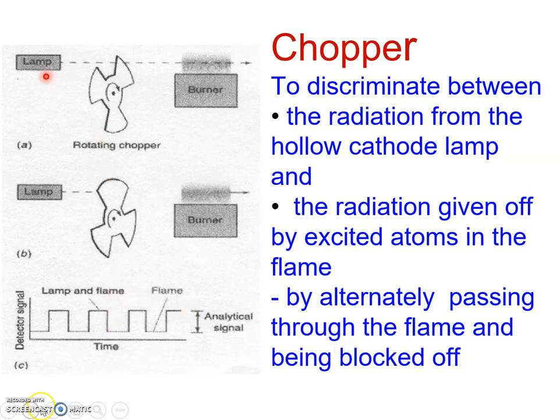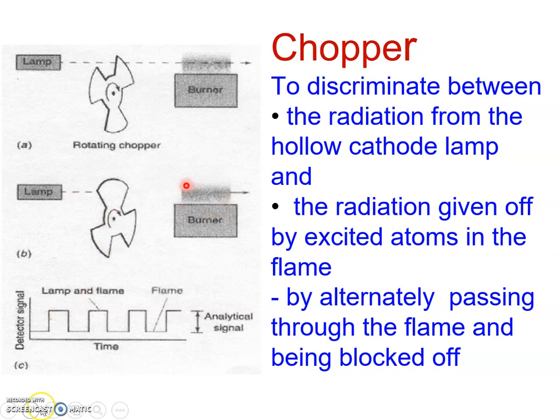When the chopper is at the position of the transparent part, it allows the radiation from the lamp. So we get the signal from the lamp and from the flame.